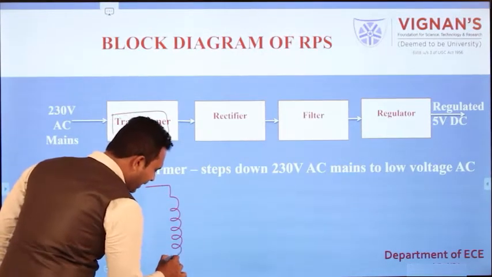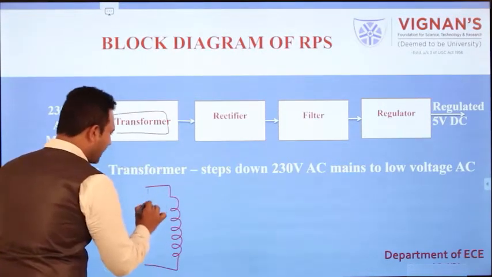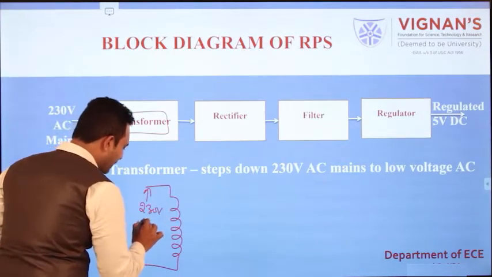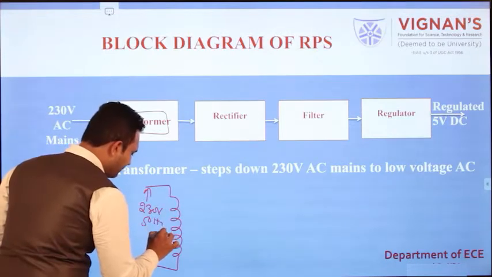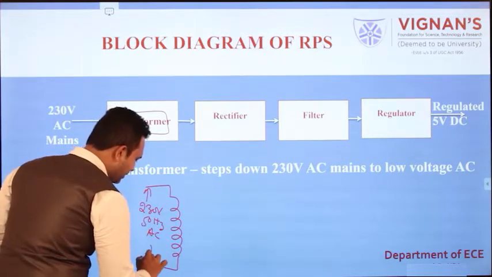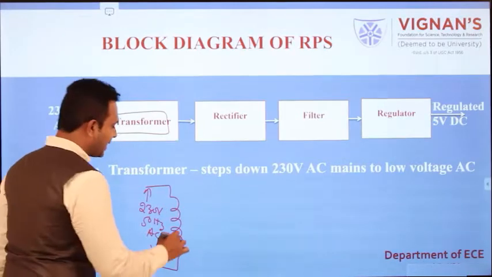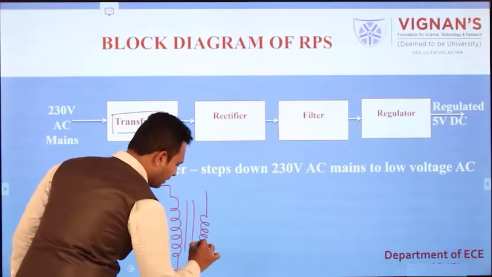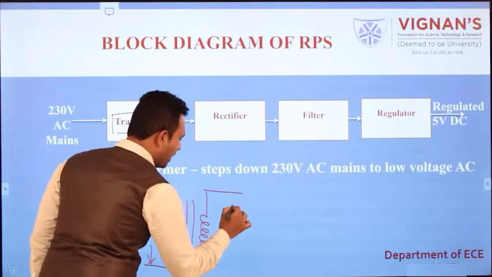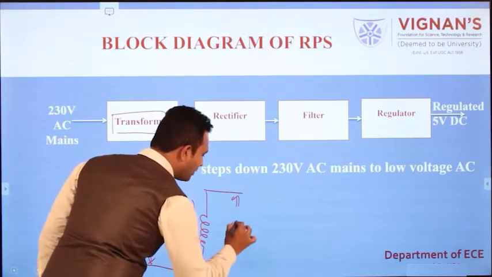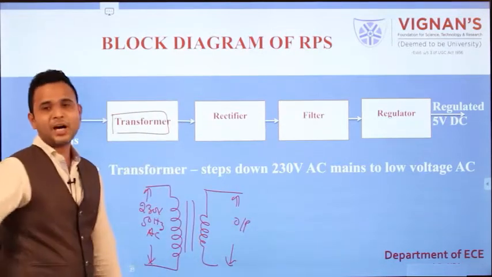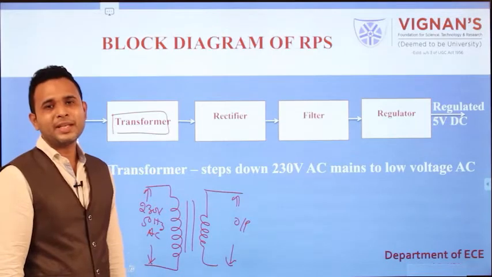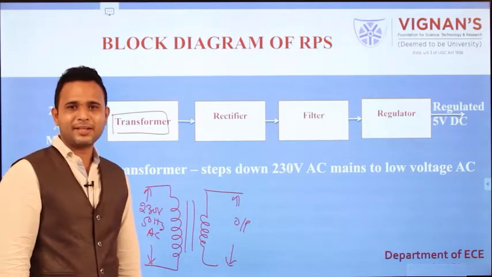One is the primary winding, where we give the 230 volts, 50 hertz AC source. At the secondary end we take the output. So how will this output come? The output depends upon the secondary turns.